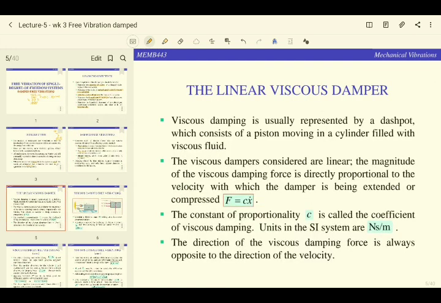That's why in this class we are focusing on the linear damping force, which is F equals c x dot, where c is called the coefficient of viscous damping, and the unit is Newton second per meter. The direction of the viscous damping force is always opposite to the direction of the velocity.